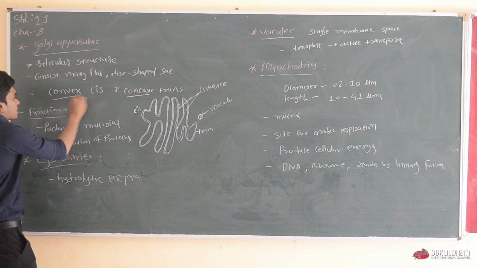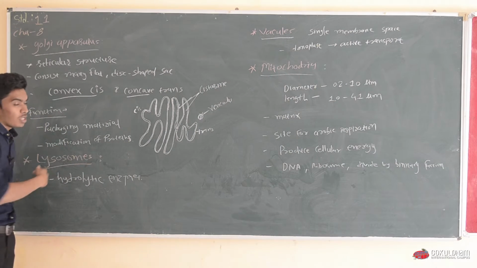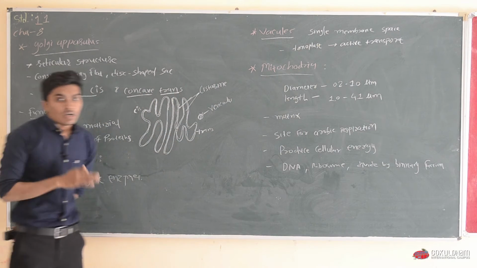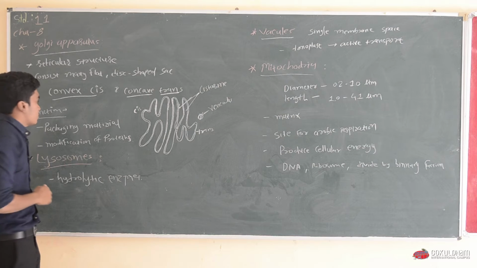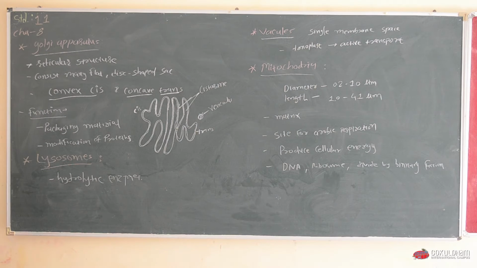The convex cis region is found beside the nucleus, while the concave region is found on the side opposite the nucleus. The function of Golgi bodies is to package materials.